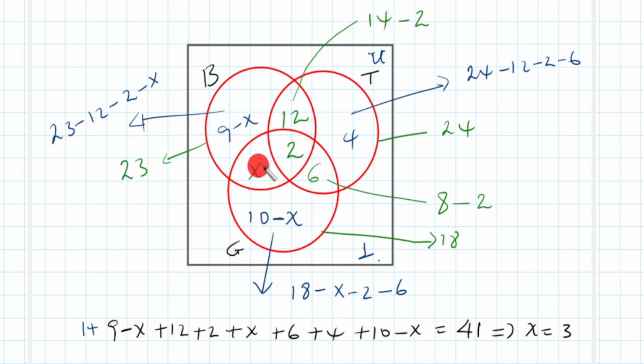And the number of people who play ball hockey and golf is X plus 2, which is 3 plus 2, which is 5.